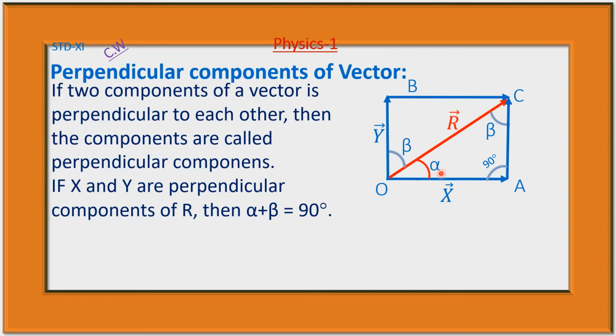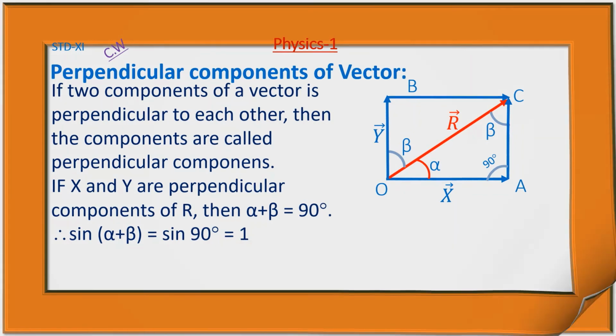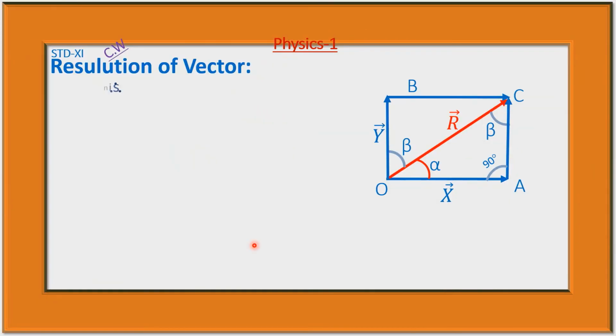So here alpha plus beta is equal to 90 degree. Therefore sin alpha plus beta is equal to sin 90 degree, which is equal to 1.